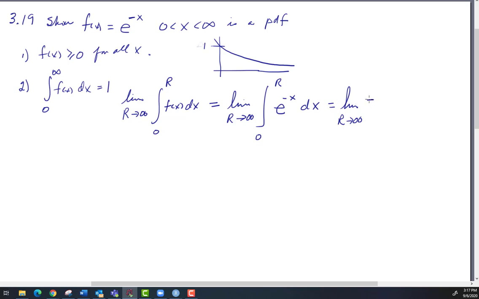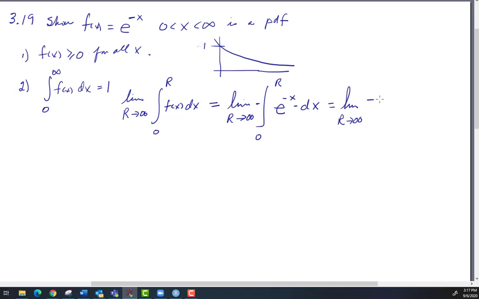Review your calculus here. This is an integration by substitution that I'm going to do in my head, but if it was e to the minus x times minus dx, that would be an e to the u du. And so I want to put a minus on the dx, and to put a minus there, I put a minus out there to balance our universe.